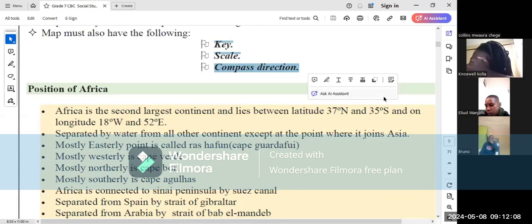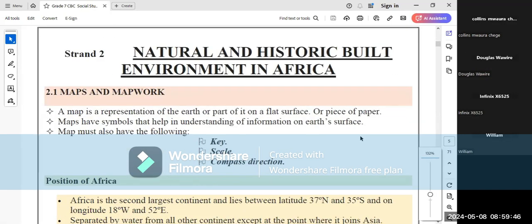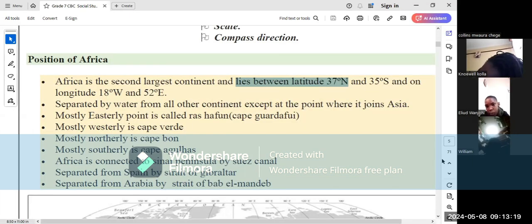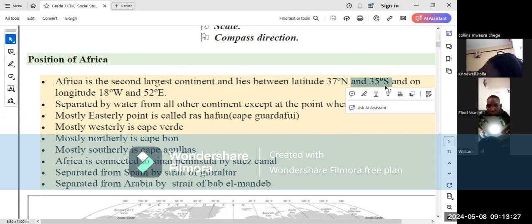Okay. After looking at the features or the characteristics of a map, Africa lies in latitude 37 degrees north and latitude 35 degrees south.